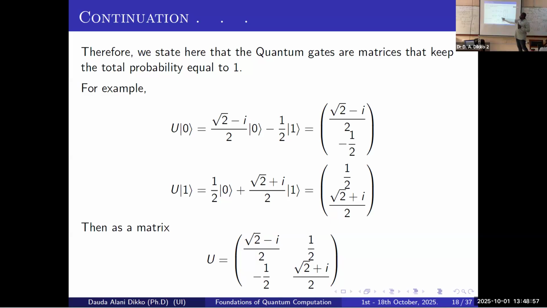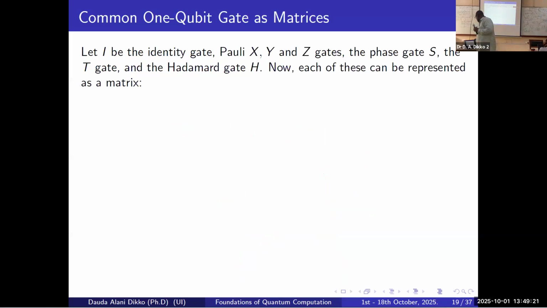You apply your U on ket 1, it gives you this transformation. Then our gate becomes a representation of this form. When you have this, you can also write it in some other ways. You can factorize half out and manipulate it. It depends on how you want your expression to look, but this just shows how you can work with and simplify quantum gates.